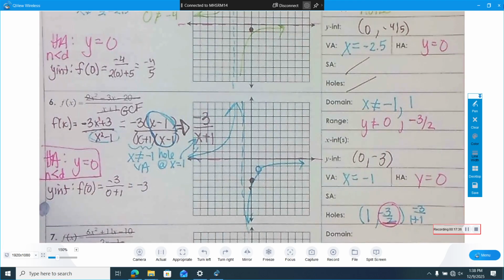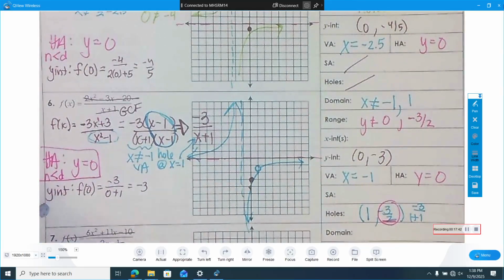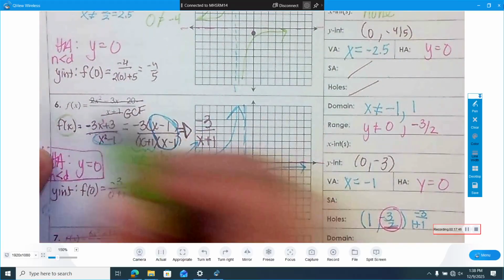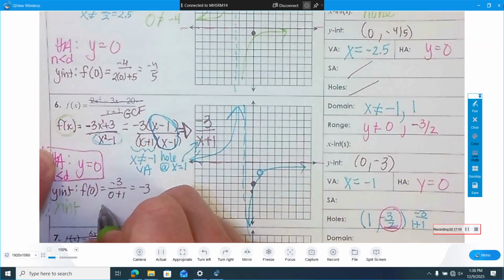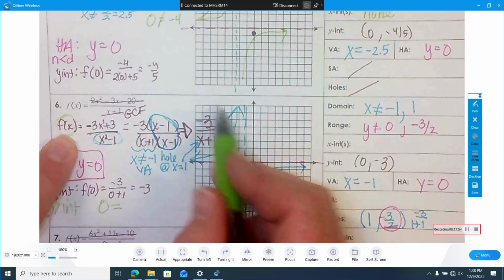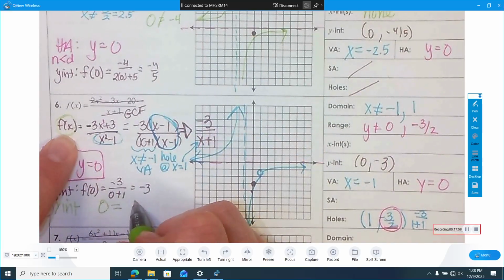So then, how do we find the x-intercept? Our function is equal to 0. So to find the x-intercept, we want to say, 0 equals my function, and I can use any of them, but I certainly think the simplified function is the way to go.